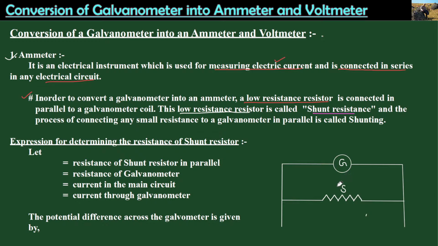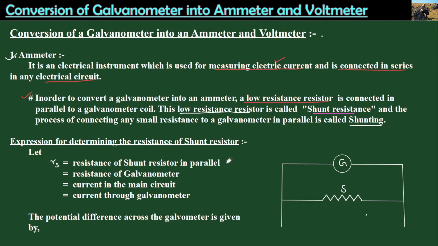That is why over here I have written S. And over here, let the resistance of this shunt resistor be small Rs. From here, a very important point that you need to note down for the exam is the definition of shunting.